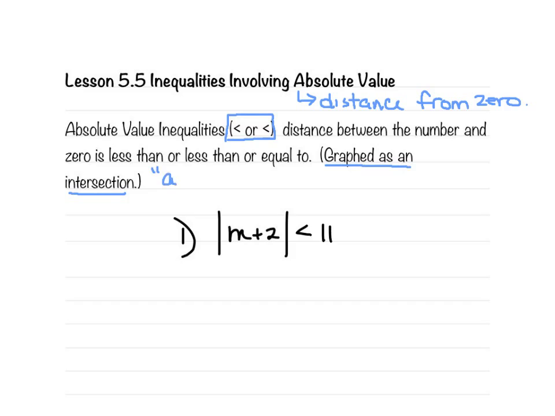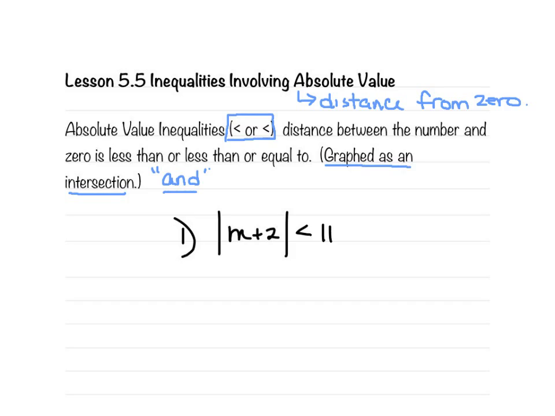Remember that we referred to those as the and compound inequalities. So, if you have a less than or equal to absolute value inequality, you will think of it as an intersection or an and type of compound inequality.